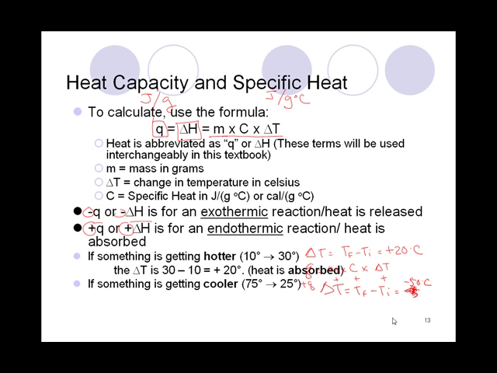So if I do Q equals mass times specific heat capacity times delta T, this mass is always positive, specific heat capacity is always positive, because it is the amount of energy needed for 1 gram to change its temperature by 1 degree. The delta T in this case is a negative value, which is going to get you a negative Q value, which is an exothermic process. The system has lost heat.